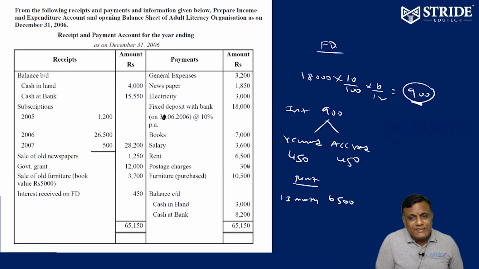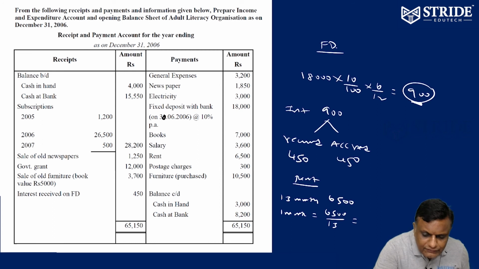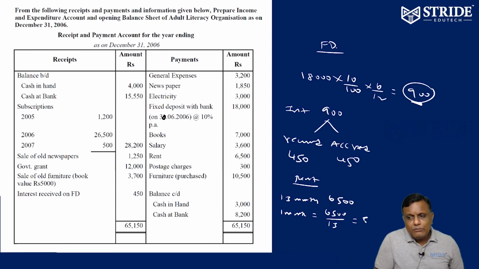Then 1 month rent how much? That is 6,500 by 13, which comes to 500. So 1 month rent 500.